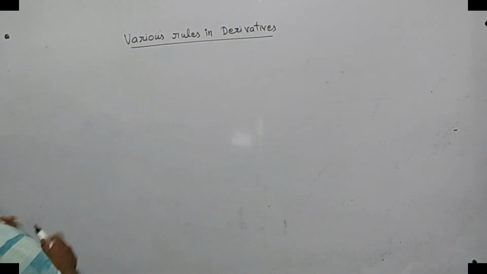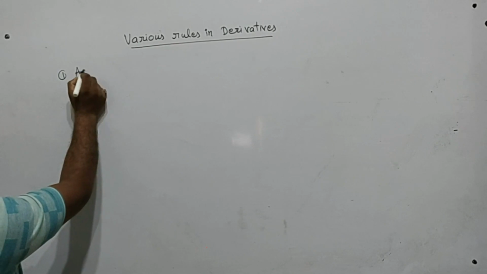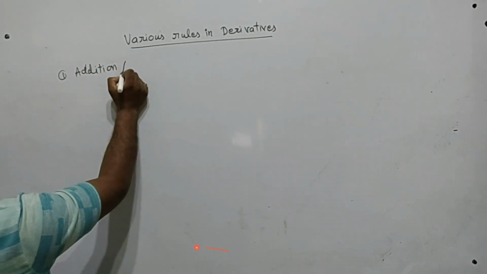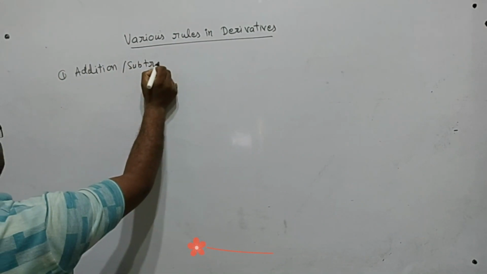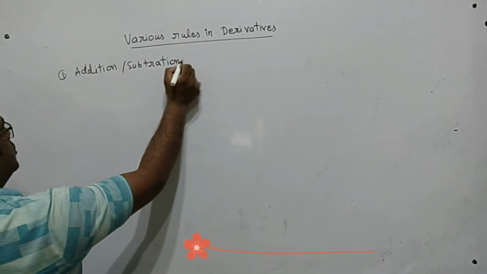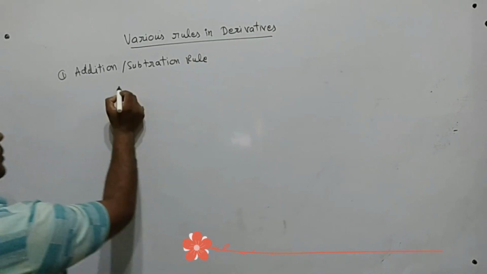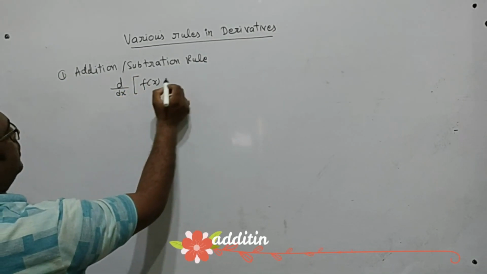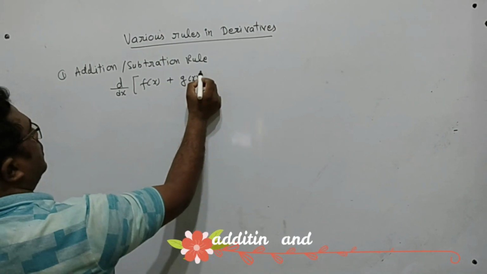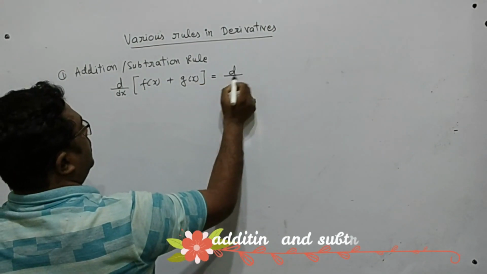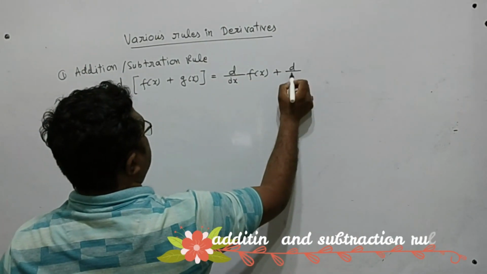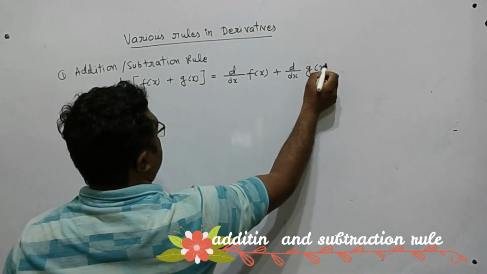Various rules in derivatives. Number 1, addition, subtraction rule. dy/dx of f(x) plus g(x) is equal to dy/dx of f(x) plus dy/dx of g(x).